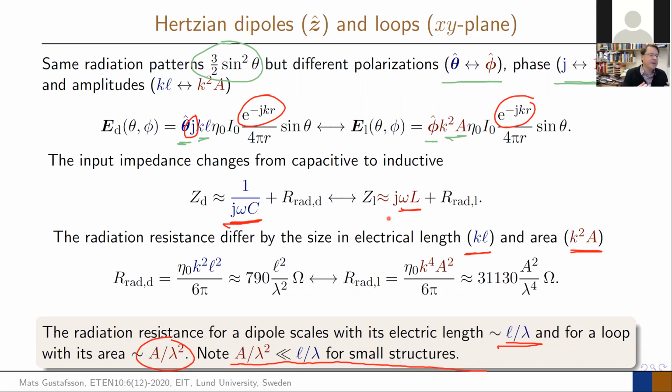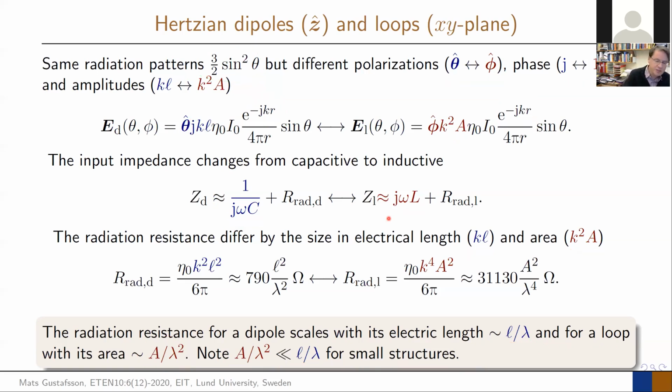That means that the area is much less than the length, because the length is small, and then you square a small number to get the area, and that is much smaller. And that is what we saw in the radiation resistance of the loop. It's much lower than the radiation resistance for a small dipole. And this will come in when we start looking at the helix antenna. We will actually see this in the helix antenna. So that is one comparison.